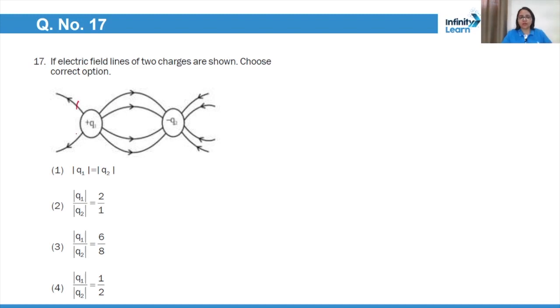Over here we have 1, 2, 3, 4, 5, 6 electric field lines going away from the charge. So Q1 is like 6x, magnitude of Q1. Look at Q2. 1, 2, 3, 4, 5, 6, 7, 8. So magnitude of Q2 will be 8x. So Q1 upon Q2 will be 6 upon 8, which is option 3.